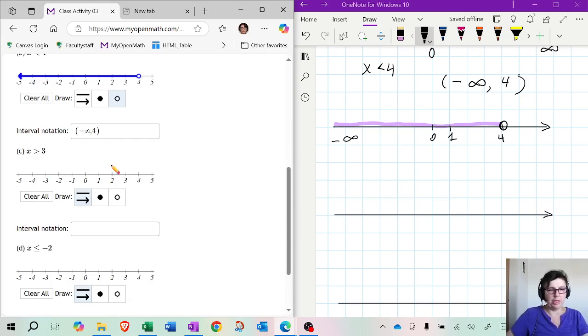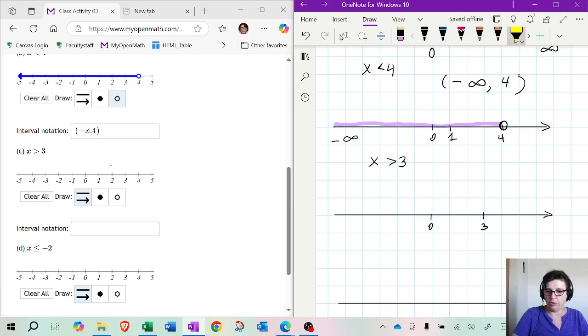Okay, the next one says x greater than 3, right? So it does not look like an L, so that's greater than. And so we'll locate 3 on a number line. And greater means to the right. So we're going to shade everything to the right. And remember, because it's not bounded, the right endpoint is going to be infinity. So how do we write this in interval notation? We're going to start at 3 and go to infinity.